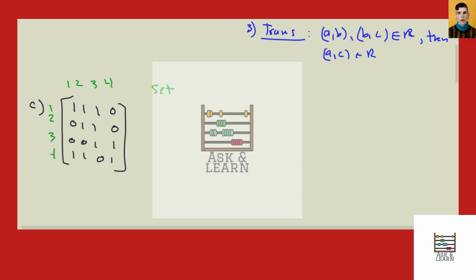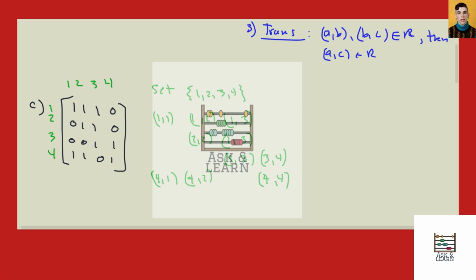And then we're going to have in this relation 1, 1, 1, 2, 1, 3. And then we have 2, 2, 2, 3. Then we have 3, 3, and 3, 4. And then over here we'll have 4, 1, 4, 2, and then we have 4, 4.